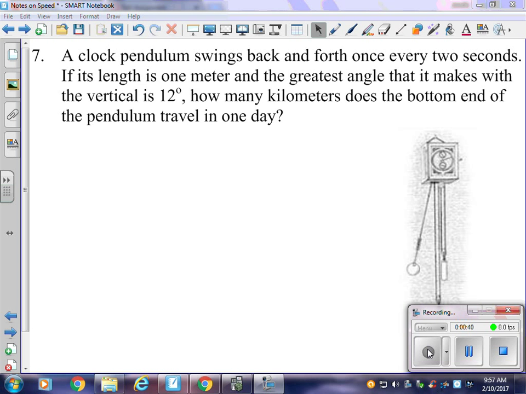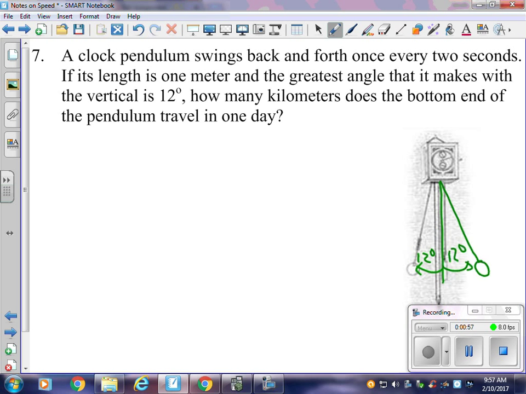And if its length is 1 meter, the greatest angle that it can move from the vertical is 12 degrees, meaning that it can move 12 this way, or it can move 12 this way. And that whole thing is 1 swing. So 24 degrees is 1 swing. Does everybody understand?